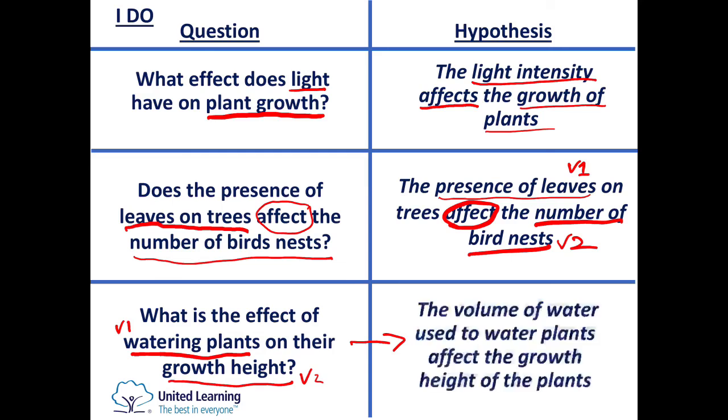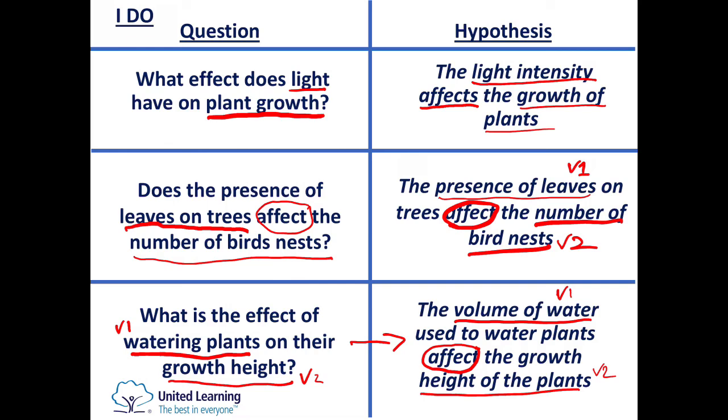So I'm going to write down the volume of water used to water plants affect the growth height of plants. So again, this is going to be my first variable. Then we have affect again, and then we have height of plants, which is going to be variable 2.